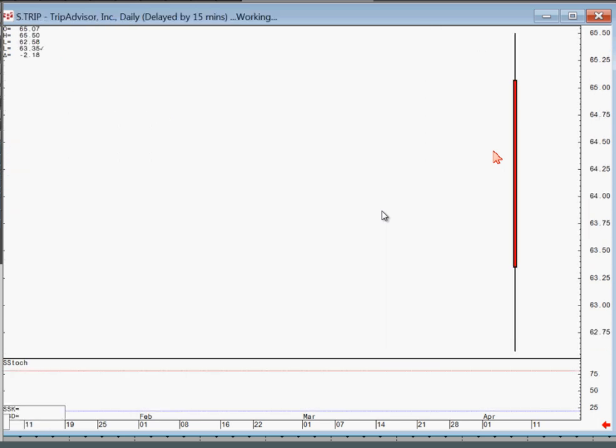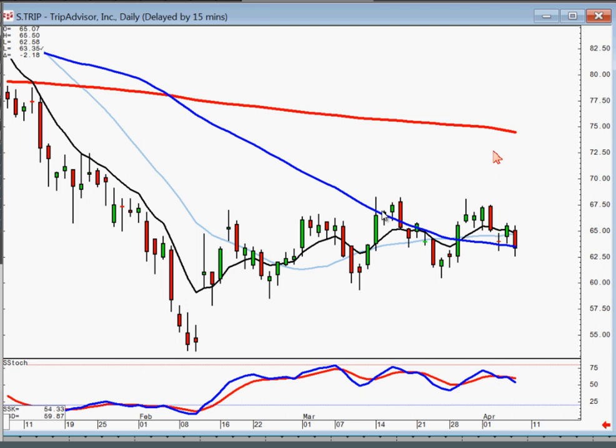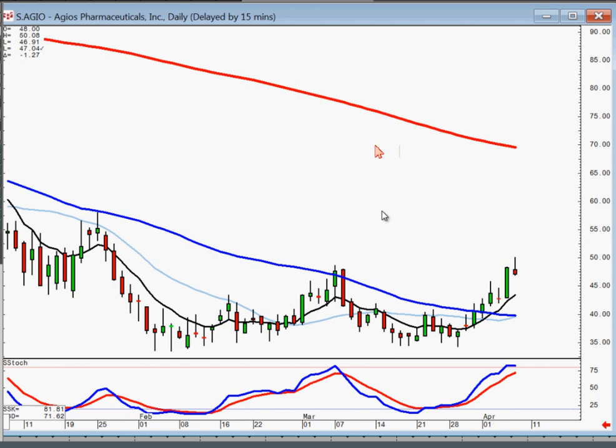And TRIP, I wouldn't be long or short. You can see you're in a trend with no direction to it, so your risk reward is not very great. If I was going to short it, I'd wait to see if they could get it down through this level. Then I'd short it. But right now, I wouldn't be long or short just because there's no definite direction.